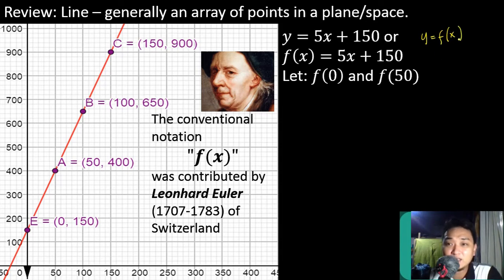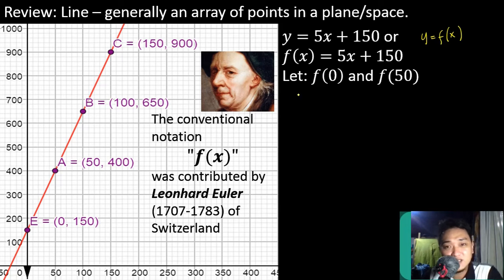Ang pinagkaiba lang kasi yung nasa loob ng parenthesis, yung x, pwede natin siyang palitan ng value ni x. That tells us what will be the value of x. Pero equivalent siya sa conventional notation para sa y. Meaning, this fx here pertains to this function 5x plus 150.